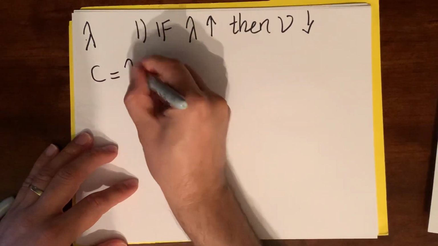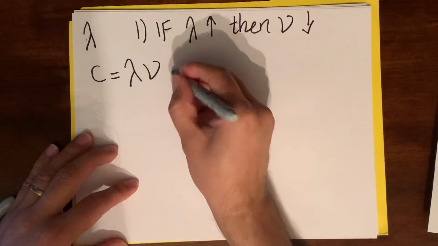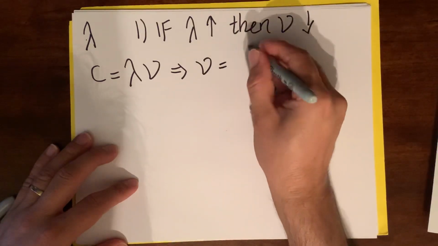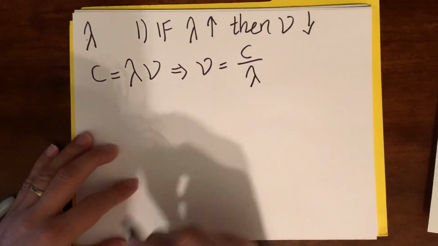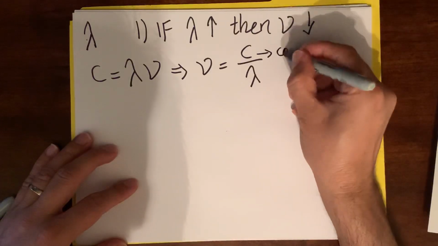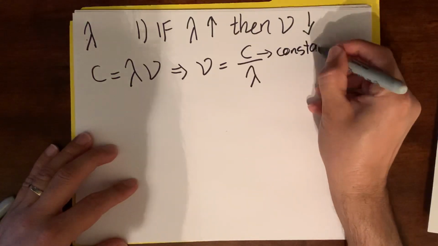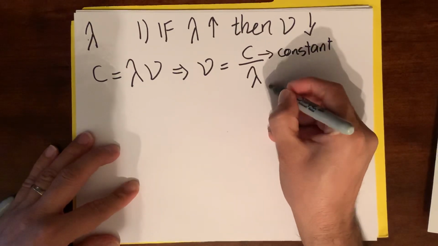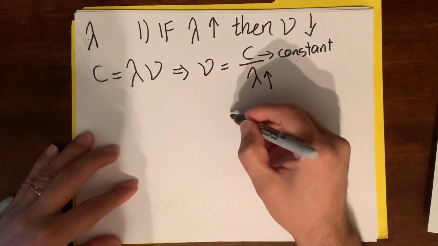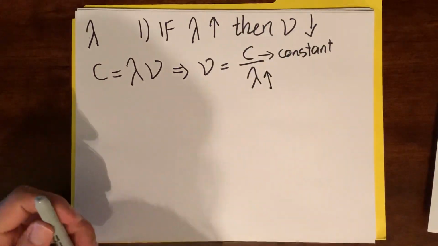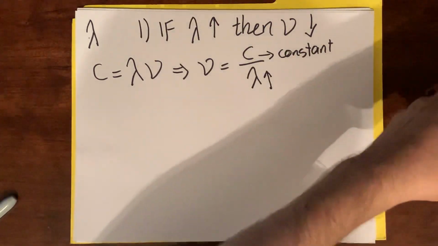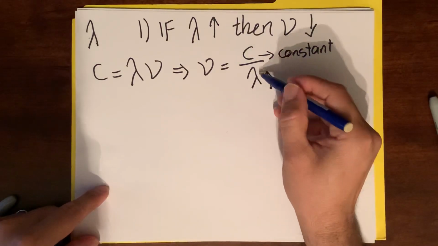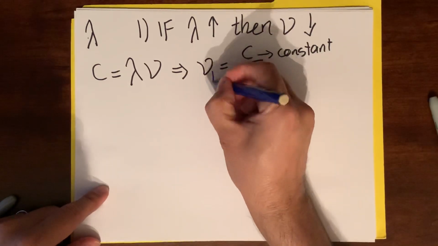C is equal to lambda multiplied by frequency, so frequency is going to be C over lambda. C is constant. If lambda goes up, then the frequency has to go down.